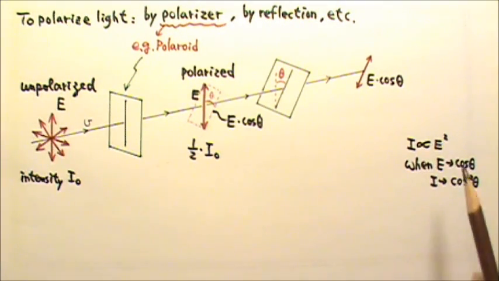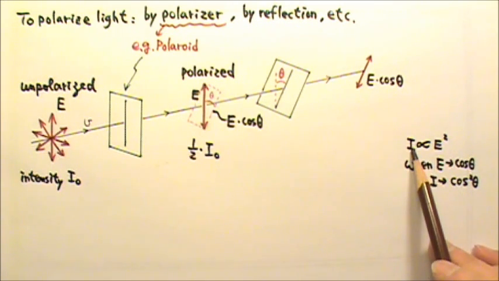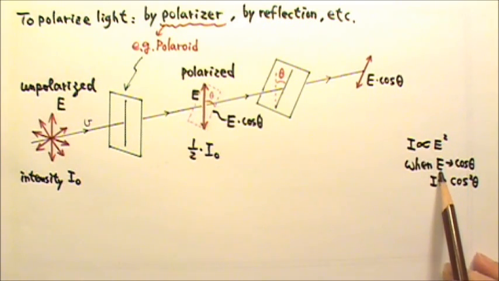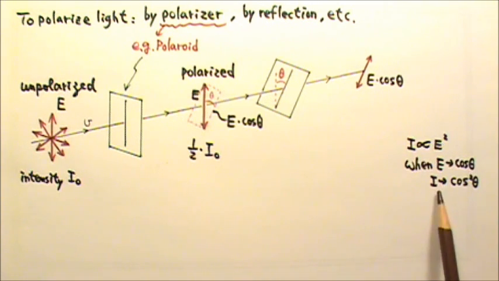For EM waves, the electric field is like the amplitude, so the intensity is proportional to the amplitude squared. That means when the electric field changes by a factor of cosine theta, the intensity would change by a factor of cosine theta squared.